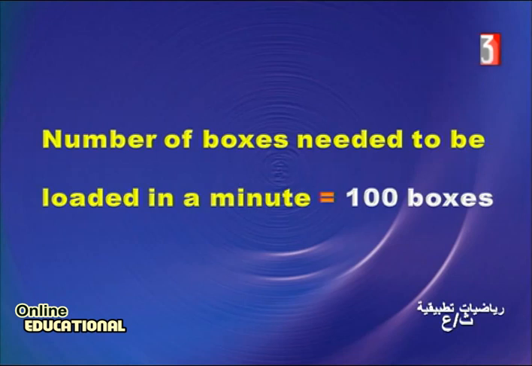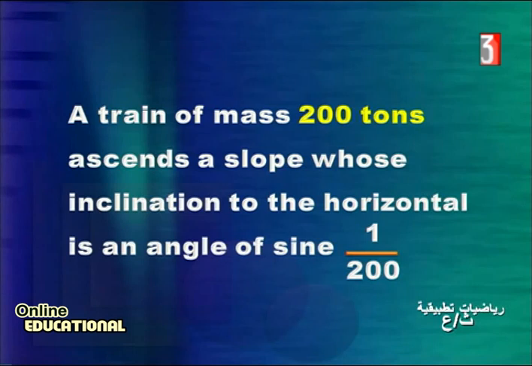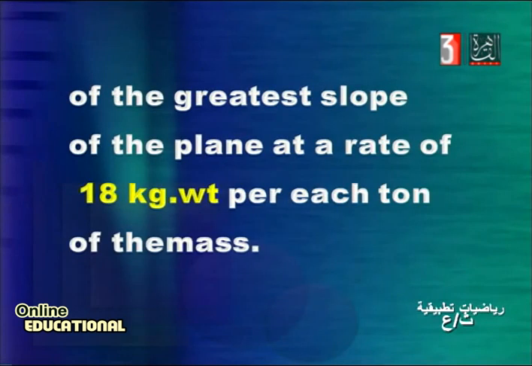Another example: a train of mass 200 tons ascends a slope whose inclination to the horizontal is an angle of sine 1 over 200 with a uniform velocity of magnitude 27 km per hour against resistance to the motion parallel to the direction of the line of the greatest slope of the plane at a rate of 18 kilogram weight per each ton of the mass.